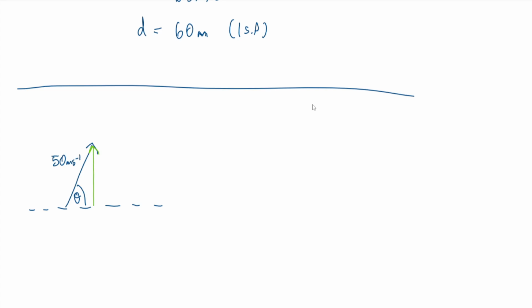We don't care about horizontal for now. So Viy, we know from before, Viy is equal to 50 sine theta. Now, we don't know what theta is yet, but that's fine. We could just continue on with the calculations, but instead of putting in a number, we put in 50 sine theta.